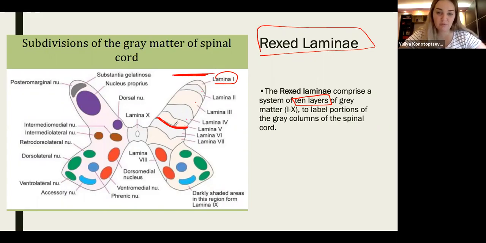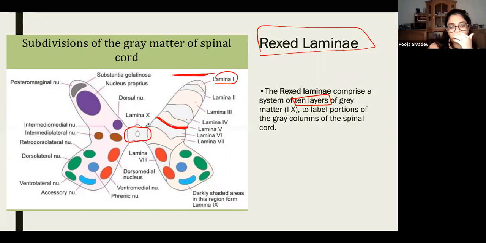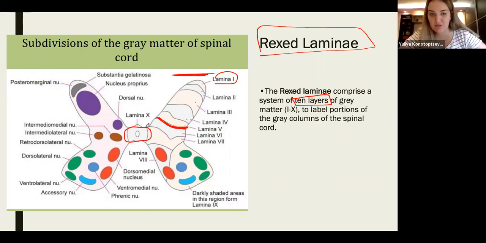Lamina 1 to lamina 4. How did we call this connecting area? Gray commissure. Very good. Which lamina is present in the gray commissure? Lamina 10. Another way to ask this question: which lamina surrounds the central canal? You remember this hole is the central canal, where the CSF is present. Lamina 10 surrounds the central canal.